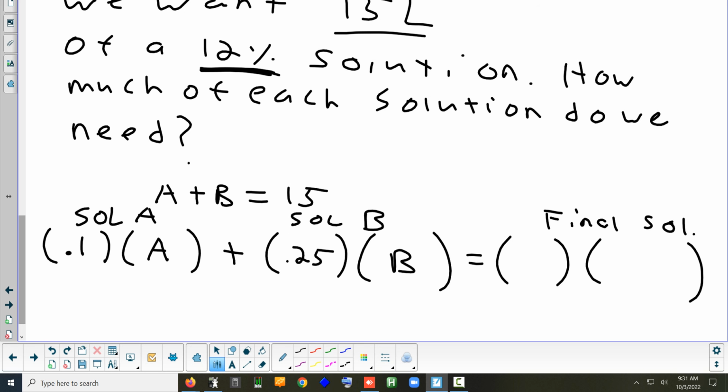Would it be 2.5 or 0.5? Well, 0.25 is the concentration of just solution B, but when we mix the two together, they told us they want a concentration of... Is it 15 liters or is it 12%? Which one's the concentration? 12%. So they want a concentration of 12%.